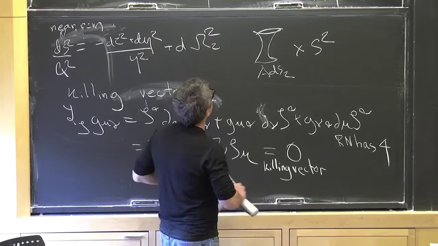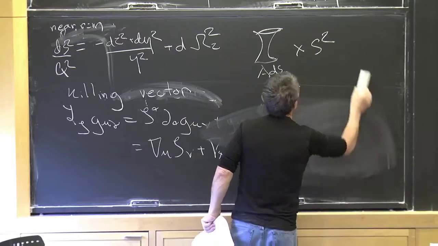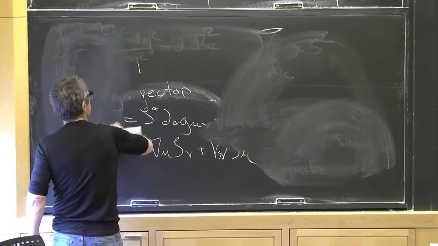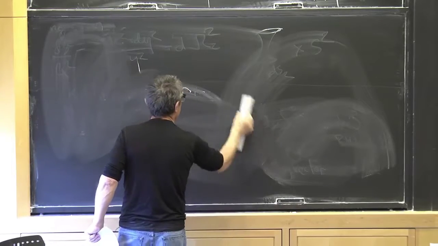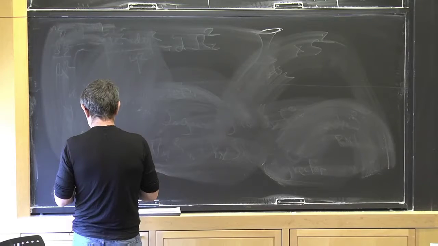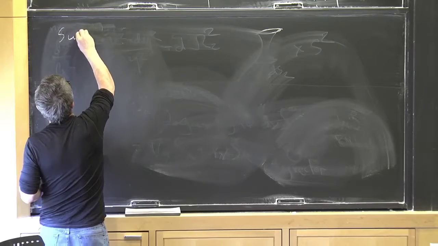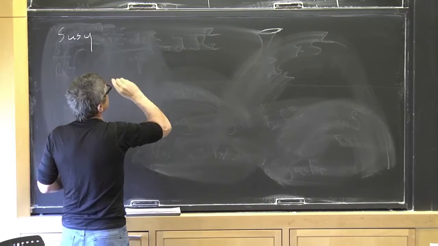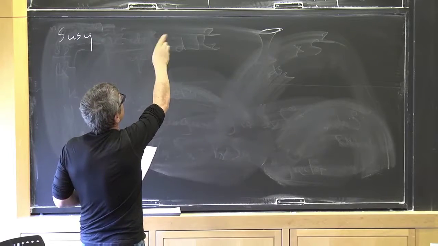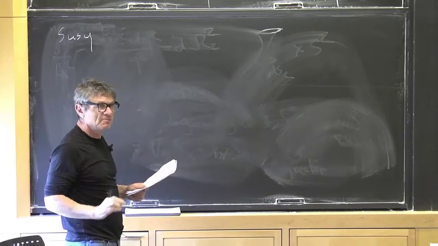So now, in supergravity, we have supersymmetry. This is to be thought of as an analog of diffeomorphisms.